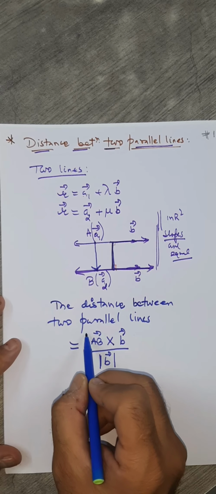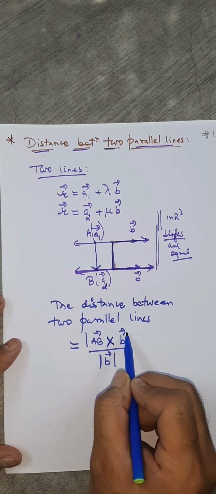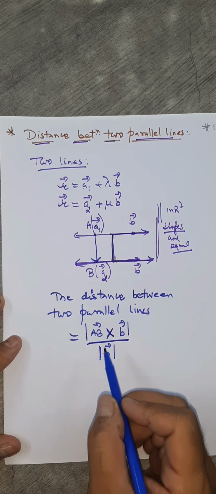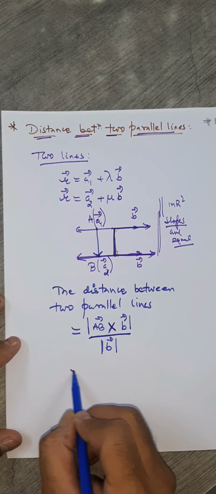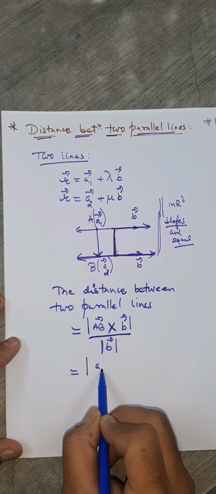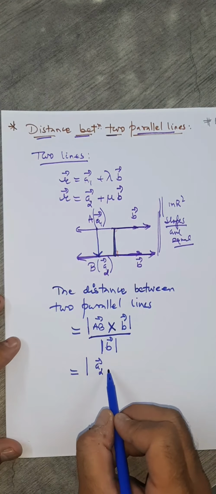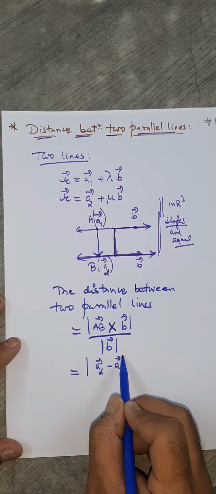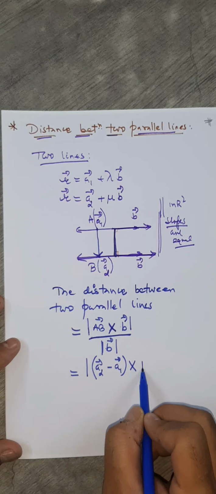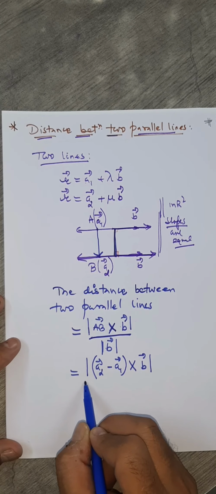Right? That way you can remember: vector AB cross vector B upon the magnitude of B. That's a unit vector. Some concept of projection is used here. Now what's vector AB here? That is nothing but vector A2 minus vector A1, crossed with the direction of this line, that is vector B, upon its magnitude.